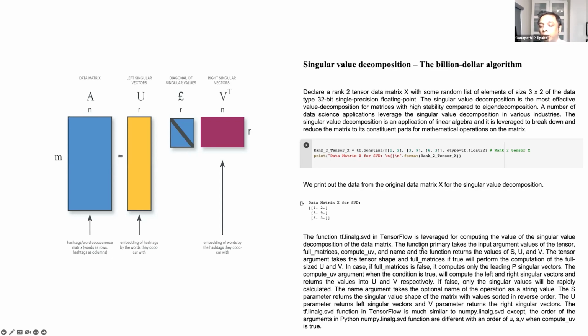The function primarily takes the input arguments of the tensor, full_matrices, compute_uv, and name of the function, and returns the values as s, u, v. So we just apply it, and it returns everything to us. I'm also explaining the input parameters for this function, the computing parameters, and the return parameters here. So you can take a look at this and see how we can leverage it.